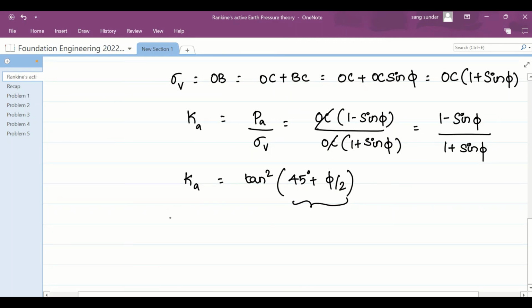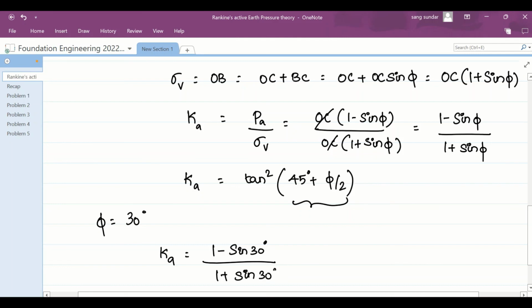And suppose for soil, generally in case of cohesionless soil, our phi value falls somewhere around 30 degrees. Then how much is your Ka? Ka is equal to 1 minus sine 30 degrees divided by 1 plus sine 30 degrees.